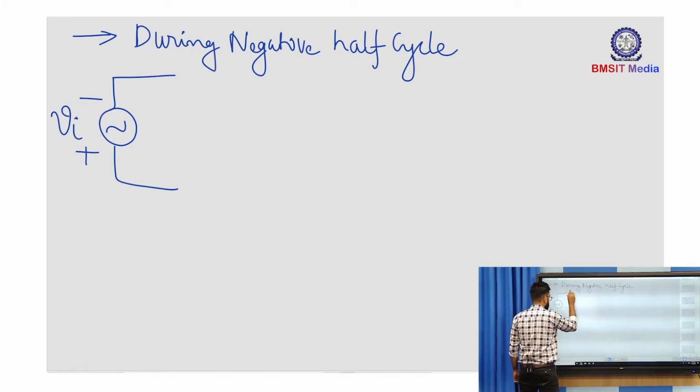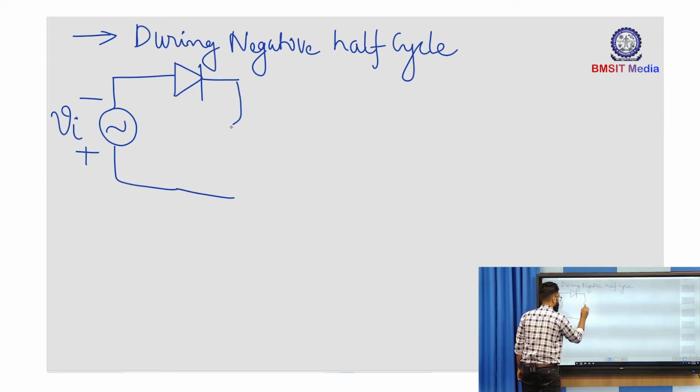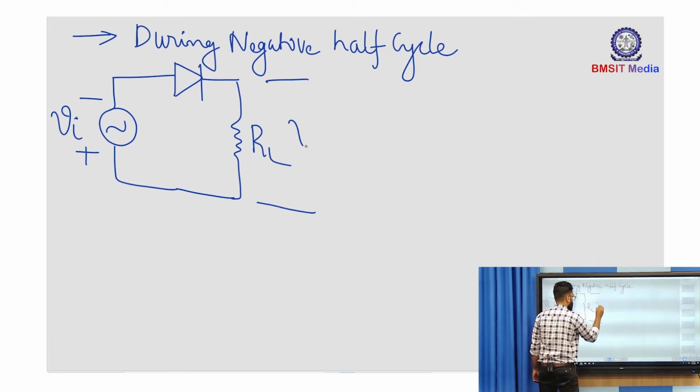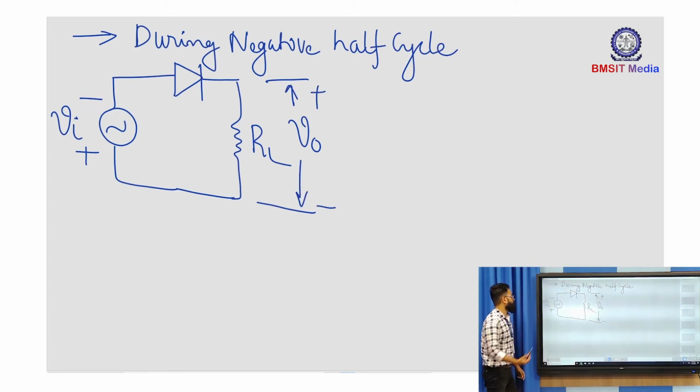Okay, I'll retain the diode symbol as it is. And then let us connect the load. And this is how we will be measuring our voltage. Okay, and this is the anode terminal of the diode.